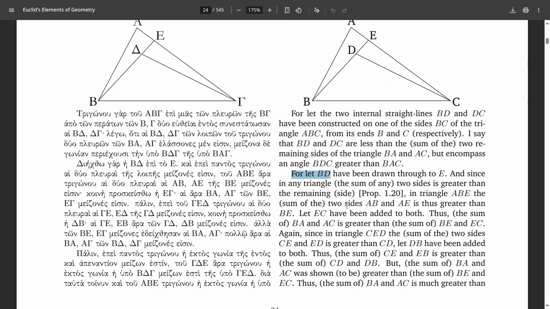AB and AE is the sum of the two lines. Oh, we're actually looking at this triangle. Well, AB plus AE is greater than BE. But EC has been added to both. Okay.